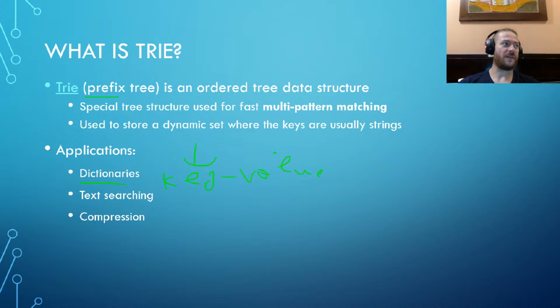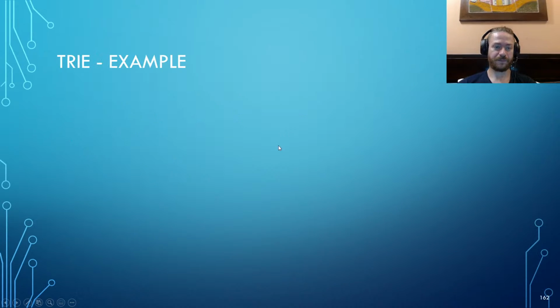For example, if you have a phone book and you want to find all the Johns inside of it, you can search by Joe instead of John, and it will be super fast to find everything which starts with Joe. So you will find Joe, John, and all the other names which start with JO.